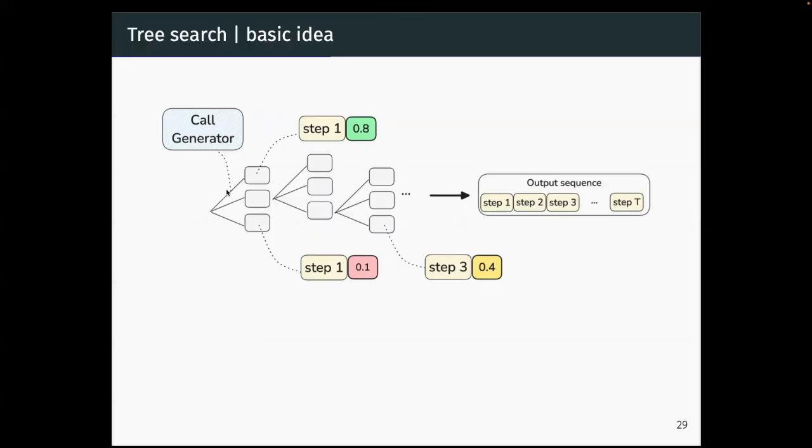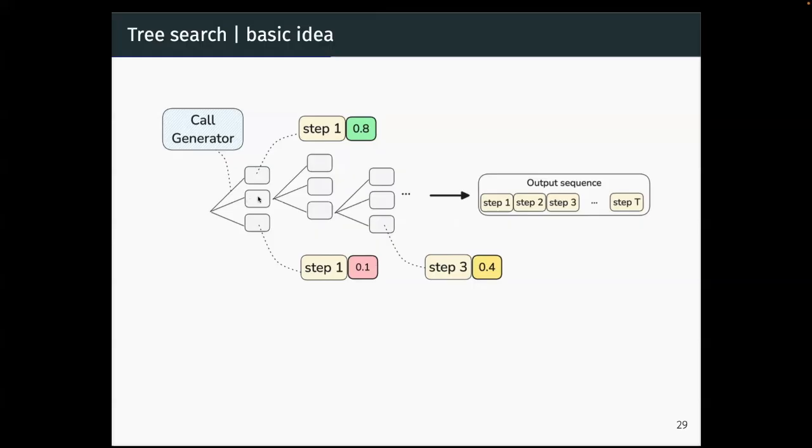Like at the first step, you call your generation model, and let's say it generates the first step of a mathematical solution. Or this might be an agent and it generates some action. Then you try to assign some score to the step or to the state. And so we'll look at an example of how that's done.